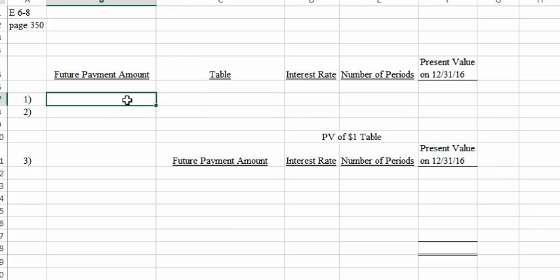Okay, so let's read the first situation. The first payment won't be received until December 31st, 2017, and interest is compounded annually.